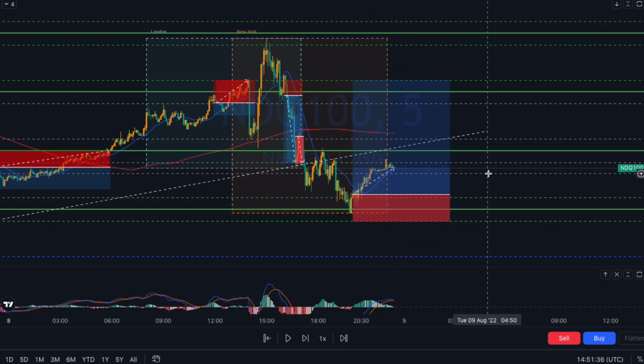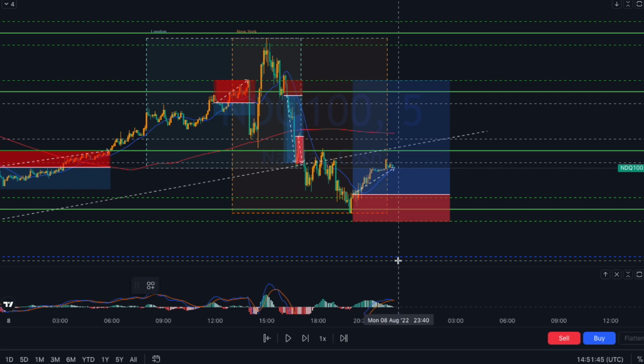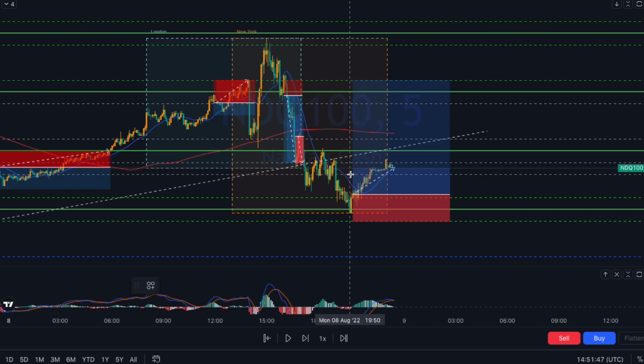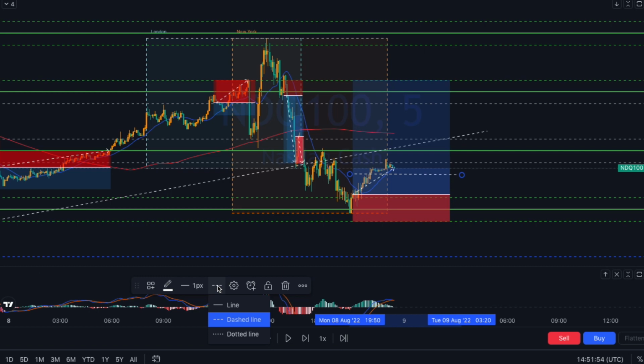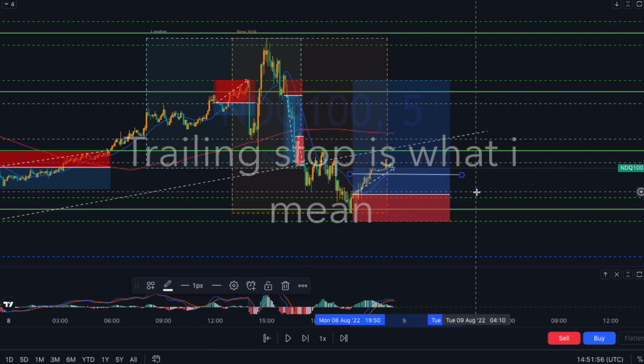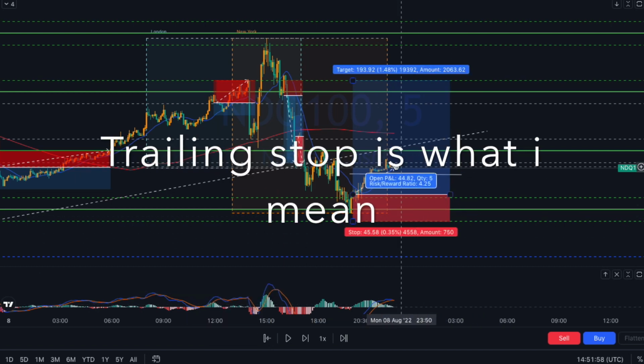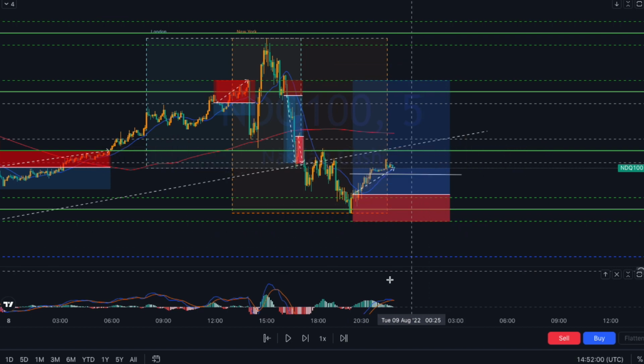Let me do it this way, because sometimes I'm seeing it, but you guys might not get what I'm saying. So you see this level right here? That's where my TP would be sitting right now, because it's got into that zone. So let's see what happens as we move forward.